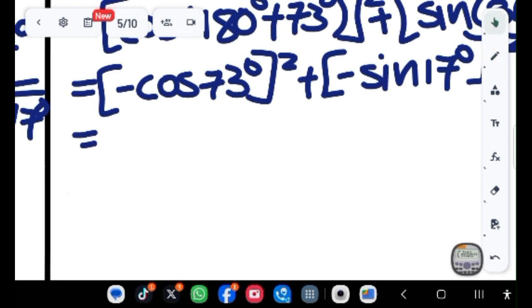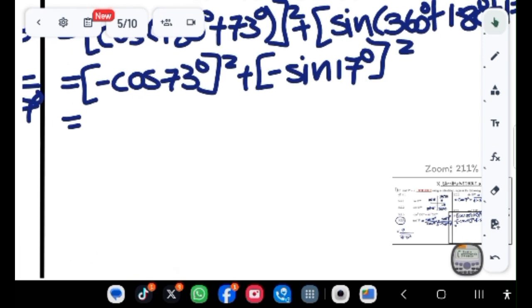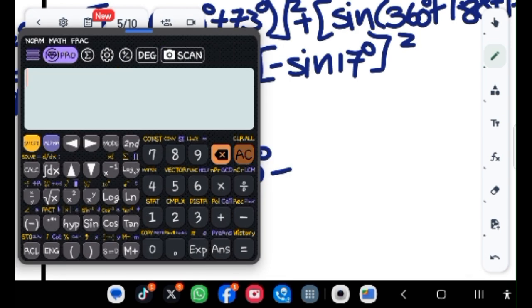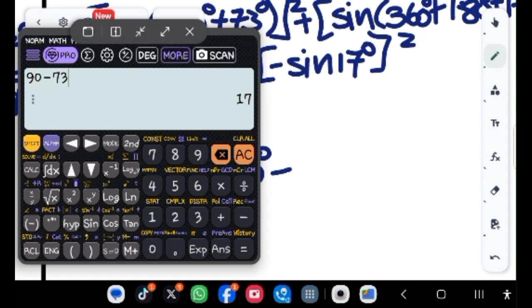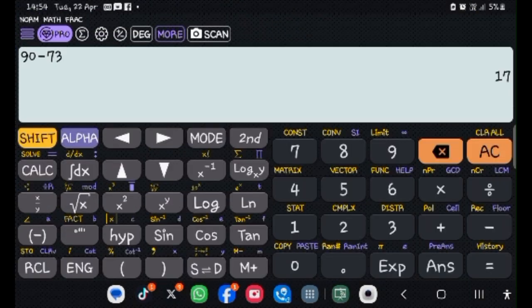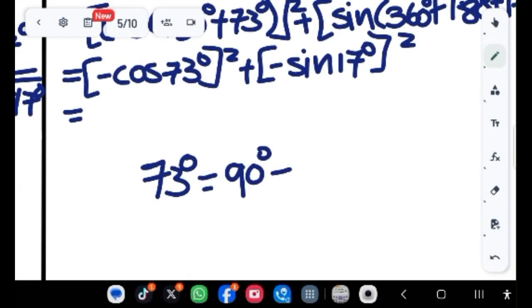the cos of 73 degrees can be written as 90 degrees minus an acute angle. To find the acute angle, we just go 90 minus 73, and that gives us 17 degrees. So we're getting there. Wait, sorry about that, I made a mistake.